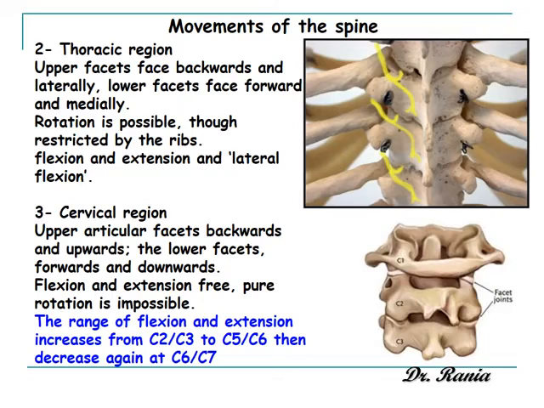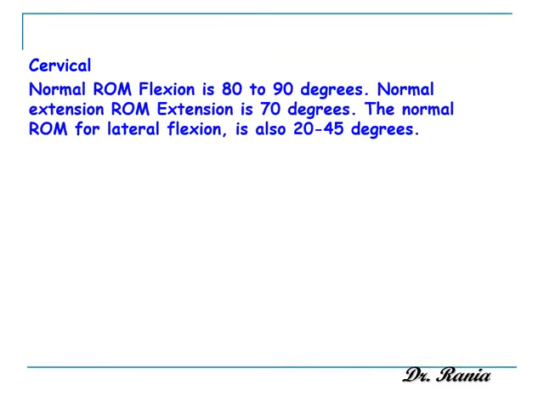The range of flexion and extension increases, starting from the level between the second and third cervical vertebrae till the articulation between the fifth and sixth cervical vertebrae. Then it decreases again in the articulation between the sixth and seventh vertebrae. The normal range of flexion in the cervical region is 80 to 90 degrees.